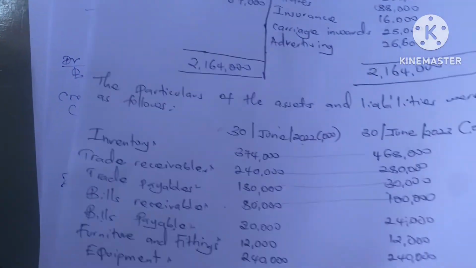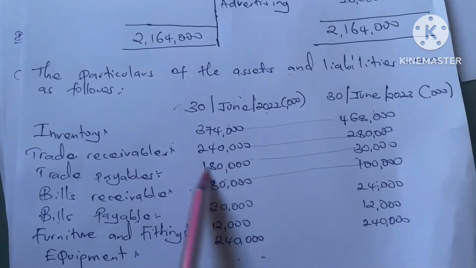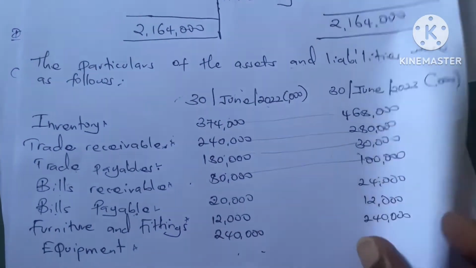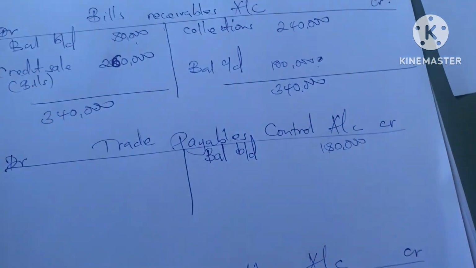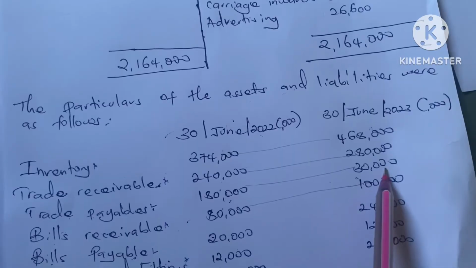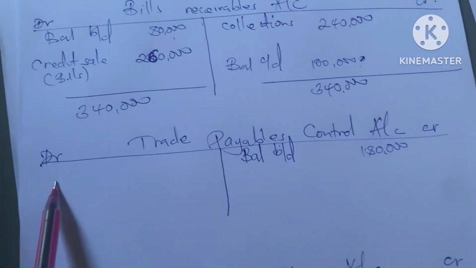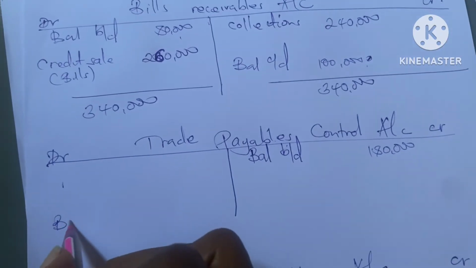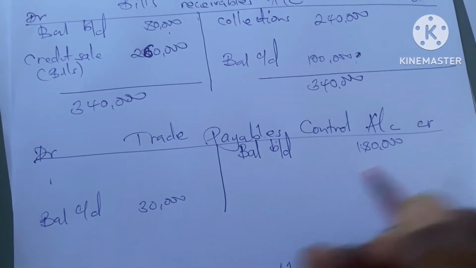So according to our question, trade payables opening balance is 180, so it is 180,000. Then closing balance is 30. So when the opening balance is this side, closing balance will be this side. So balance carried down is 30,000.